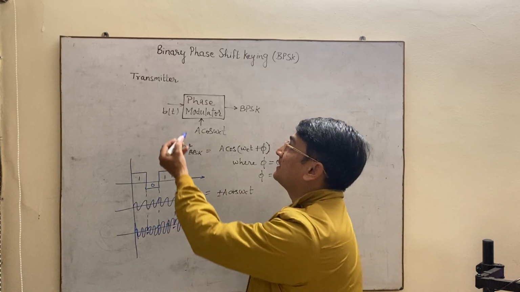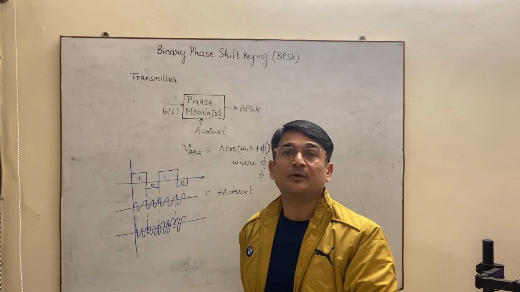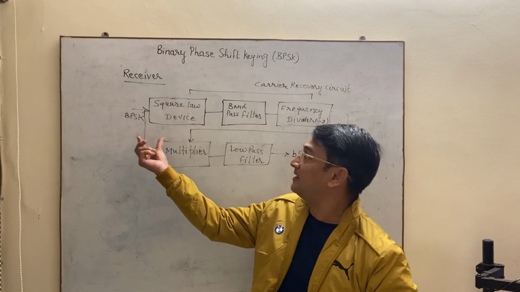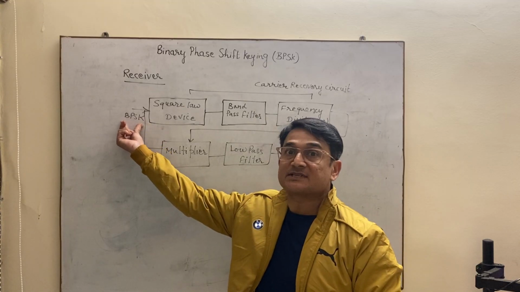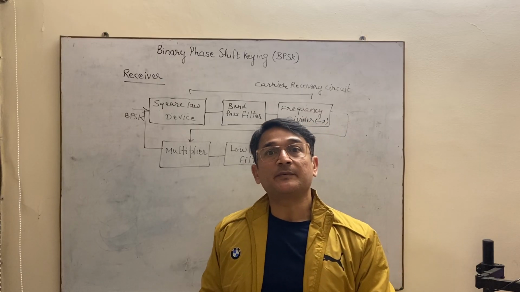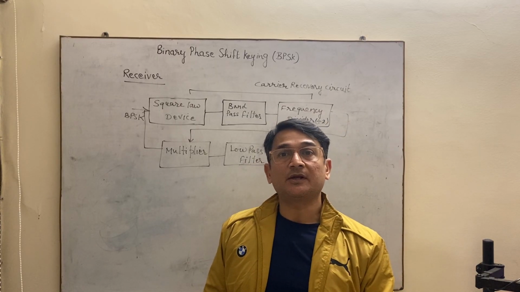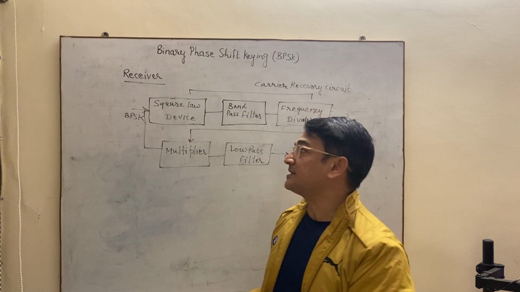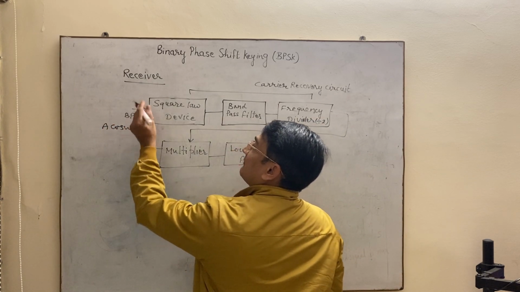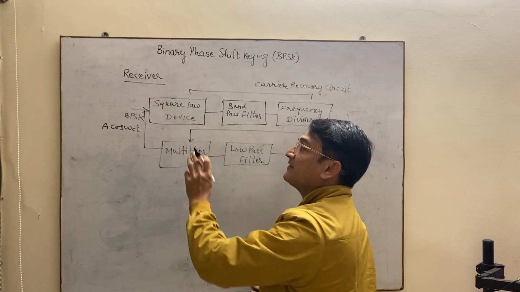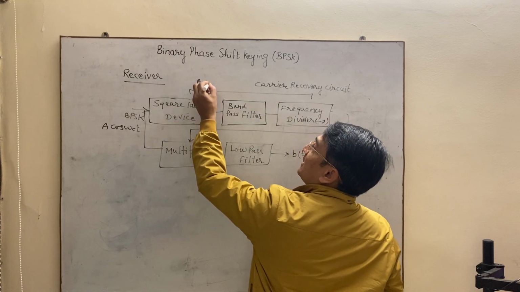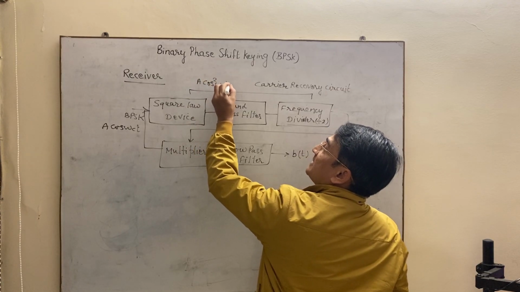So now we will understand the concept of the BPSK receiver, how it works. This is a BPSK receiver circuit. The BPSK signal is given to this square law device. Let us say you get a BPSK signal either as A cos omega ct or minus A cos omega ct. Let us say your signal is A cos omega ct. It will be given to this square law device, which will square the input. So the output of this square law device will be A cos square omega ct.